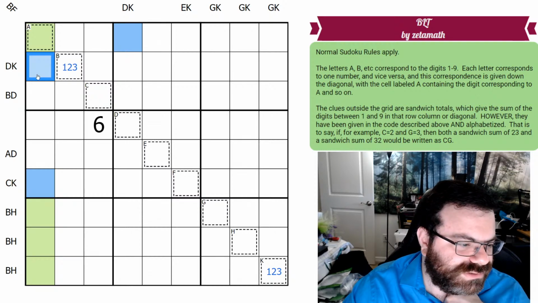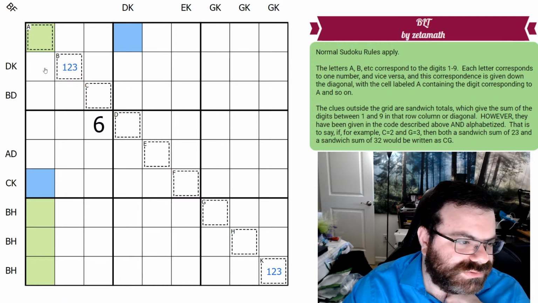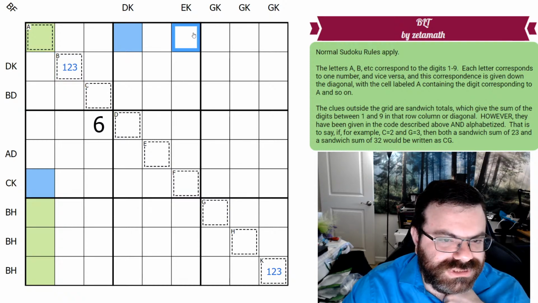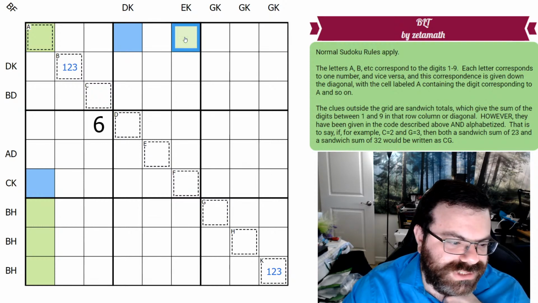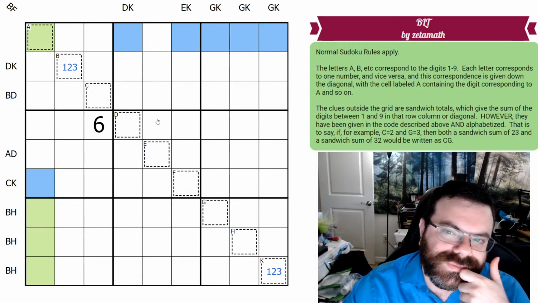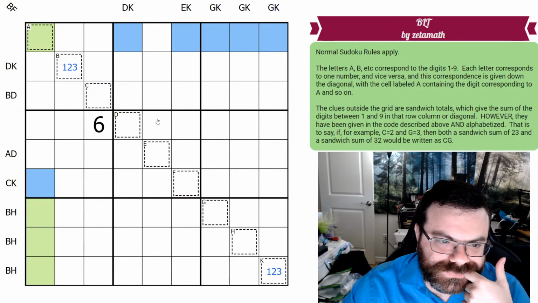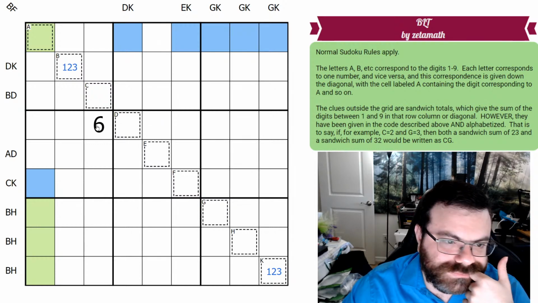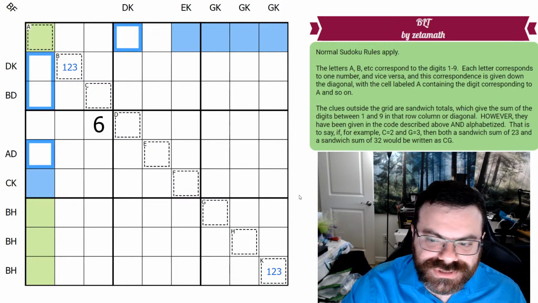DK could be correct. Oh, true. EK is in the correct order already. And no, incorrect order. And these are in the incorrect order. Okay. So these ones we aren't sure yet.